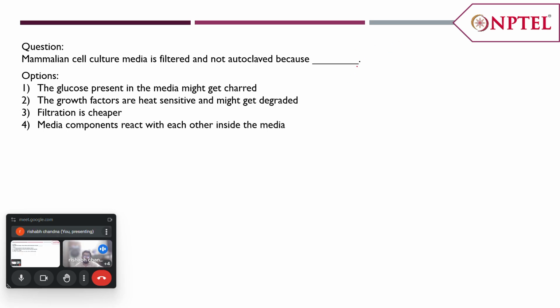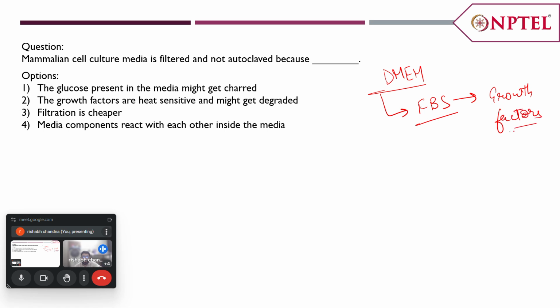So what happens in case of a mammalian cell culture media like DMEM? We have components like fetal bovine serum that basically provides the growth factor. So whenever we autoclave a media, in that case, what happens?